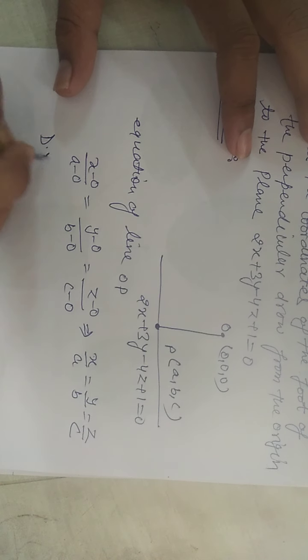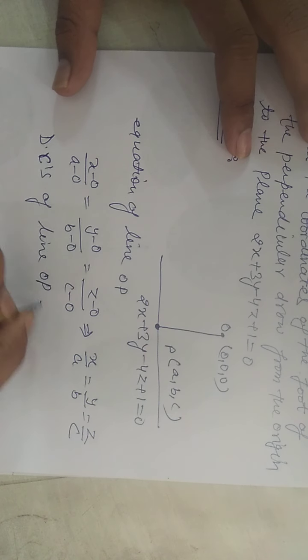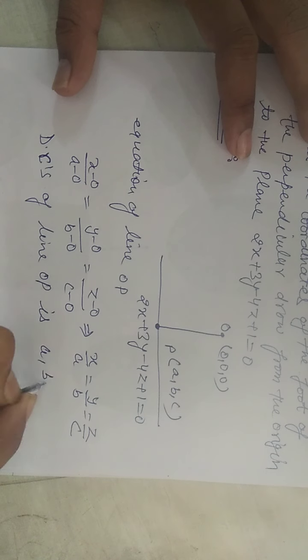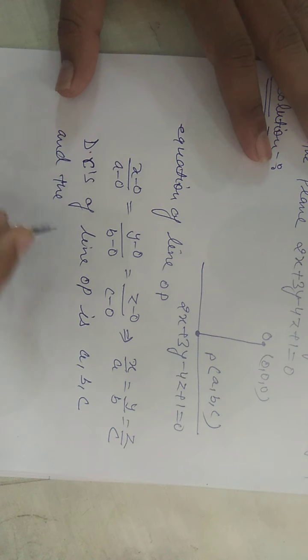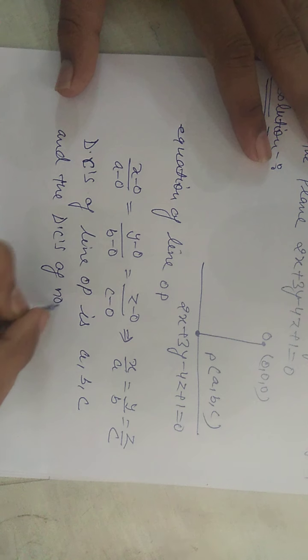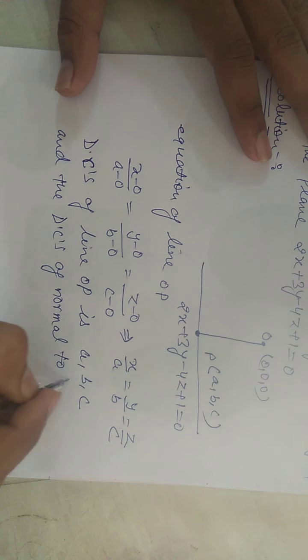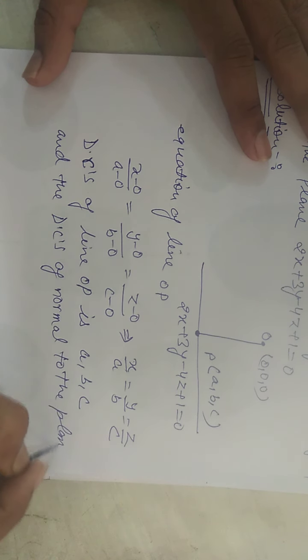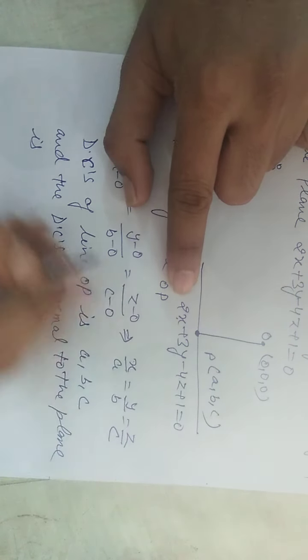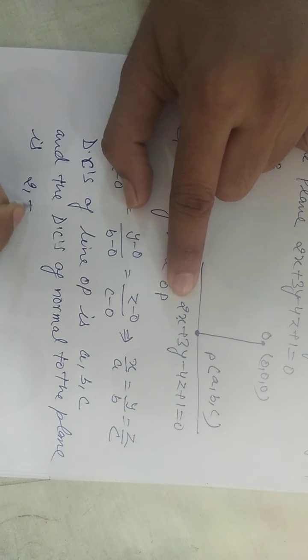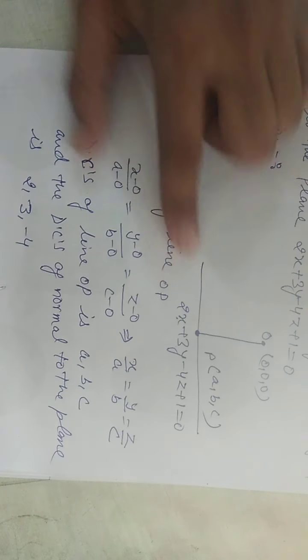So the direction ratios of line OP are a, b and c, and the direction ratios of the normal to the plane are the coefficients of x, y and z, which are 2, 3, minus 4.